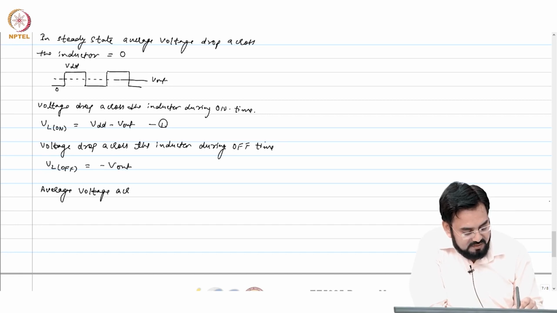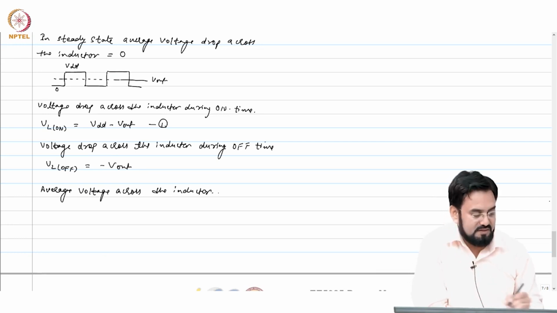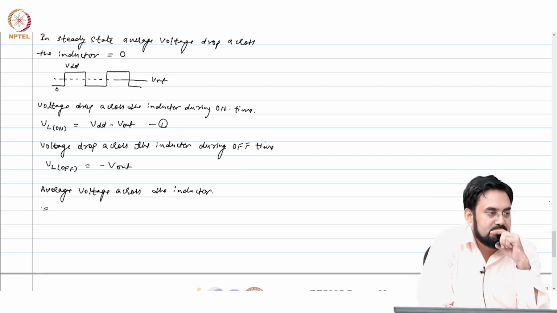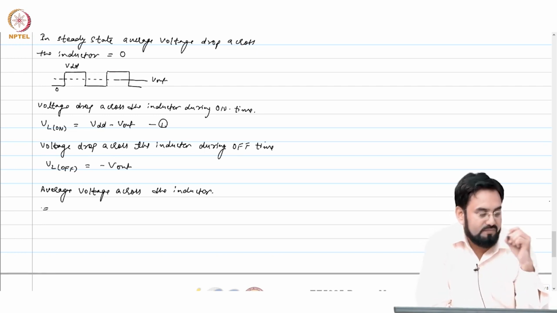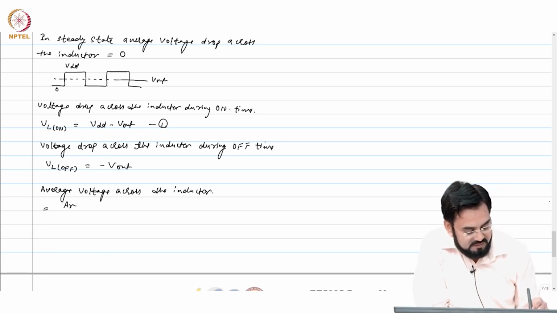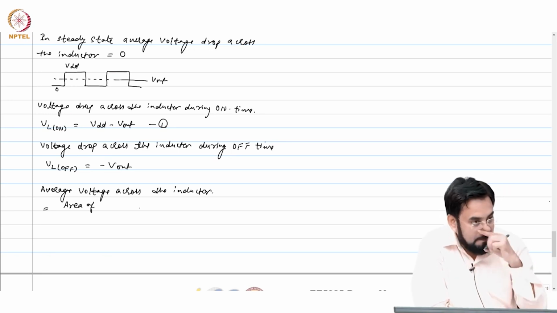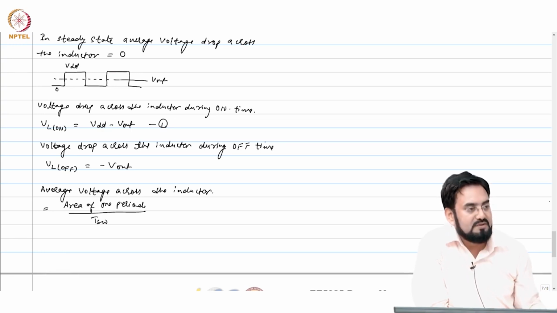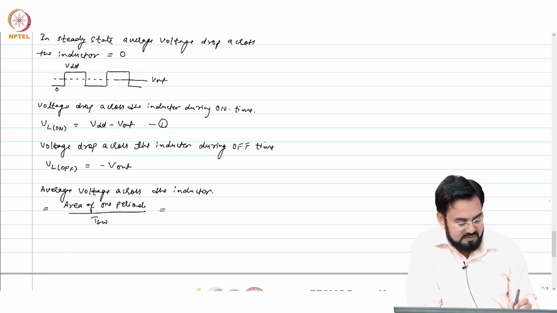Average voltage across the inductor. What will be the average voltage? Area of one period, it is a periodic signal, divided by TSW. So what will be the area?